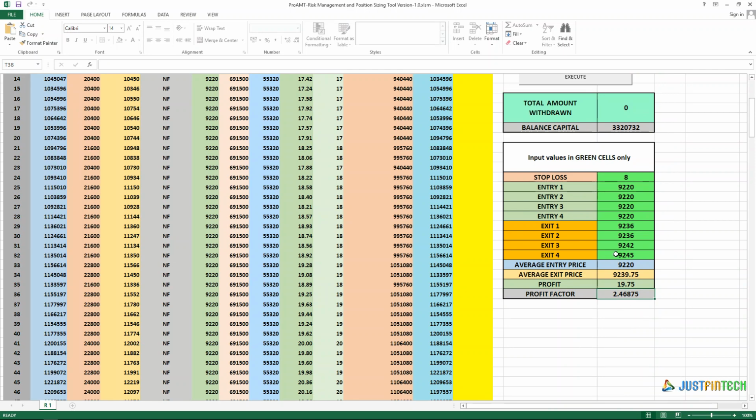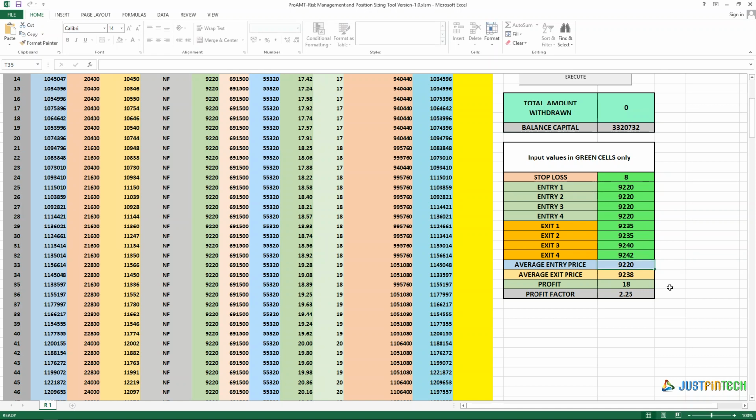Now suppose what happens if I'm getting my first exit at 9235. So 50% exited, 25 plus 25. Then the second exit you are getting at 9240, and third you are getting at 9242.